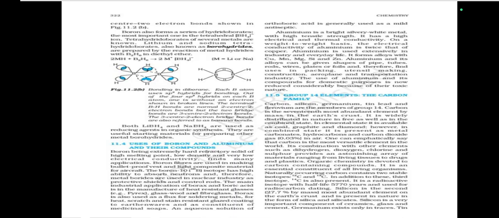It forms alloys with copper, magnesium, manganese, silicon, and zinc. Aluminium and its alloys can be given shapes of pipes, tubes, rods, wires, plates, and foils, and therefore find uses in packing, utensils, and the construction industry. The use of aluminium and its compounds for domestic purposes is now reduced considerably because of their toxic nature.